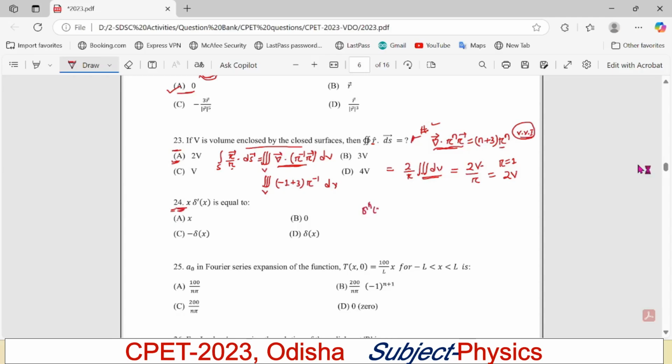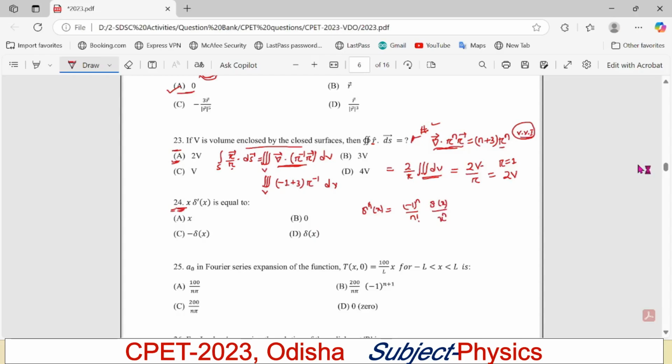We know the nth derivative of the delta function in general: delta^n(x) is nothing but (-1)^n by n factorial delta(x) by x^n. This is the general expression of the nth derivative of the delta function.